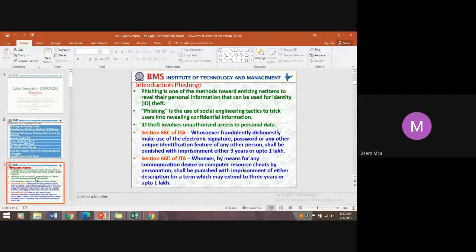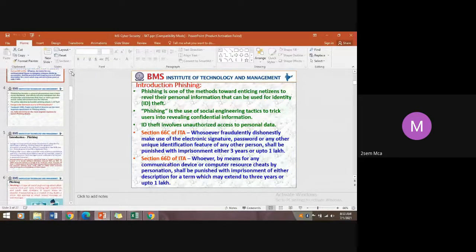Darshan uses Rupak's system and claims that he is Rupak. He is doing personation on behalf of him, but telling that Rupak is communicating, not Darshan. If you do such kind of cheating, you are punished under Section 66D of the ITA, with imprisonment which may extend to 3 years or a fine of up to 1 lakh.